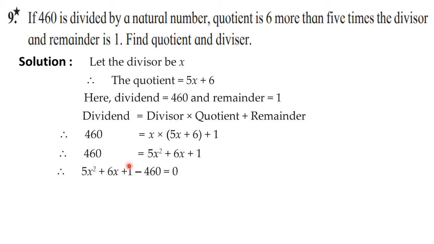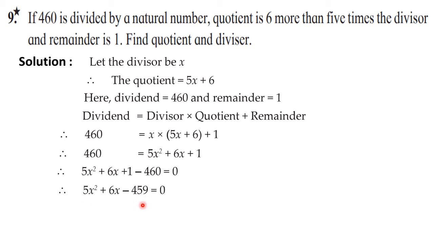We are shifting this 460 to this side, and while writing we are writing it by changing the sign. So 1 minus 460 gives 459. Your equation is 5x square plus 6x minus 459 is equal to 0.